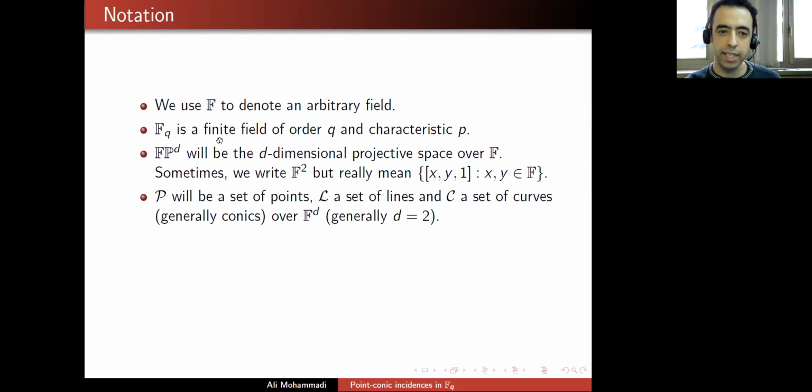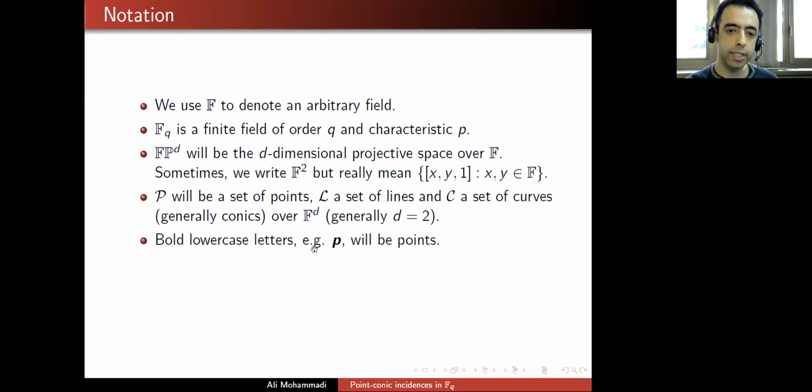And d generally will be just 2. And P will be the points, L lines, C curves, which in this talk will be generally conics, and these will be over FP^d, where d will be generally 2, except just a little bit at the end of the talk.